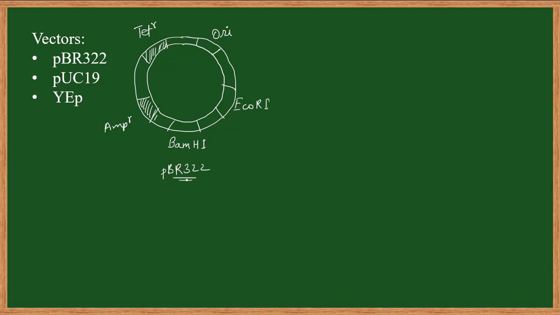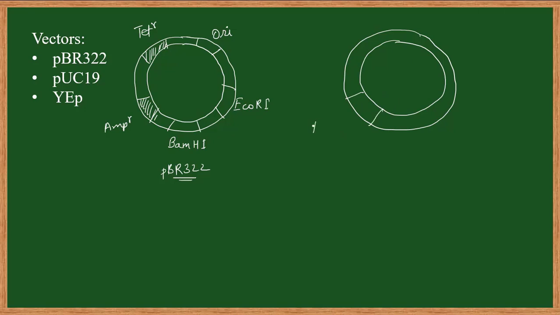Now we will see the second one, pUC19. When we see pUC19, here is a very special type of selectable marker. Here is the MCS, the multiple cloning site, in pUC19.